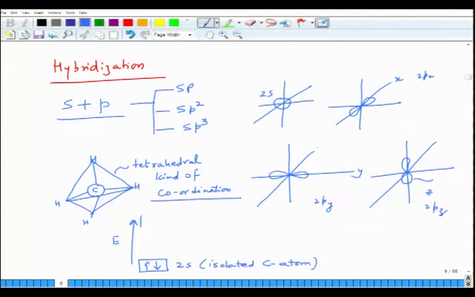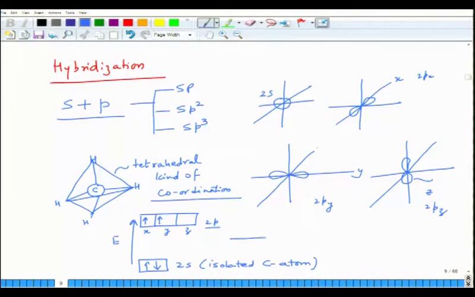Whereas in case of p we have 3 orbitals, this is up and this is empty, okay. So this is x, this is y, this is z and this is 2p, okay. All of them are 2p: 2px, 2py and 2pz.